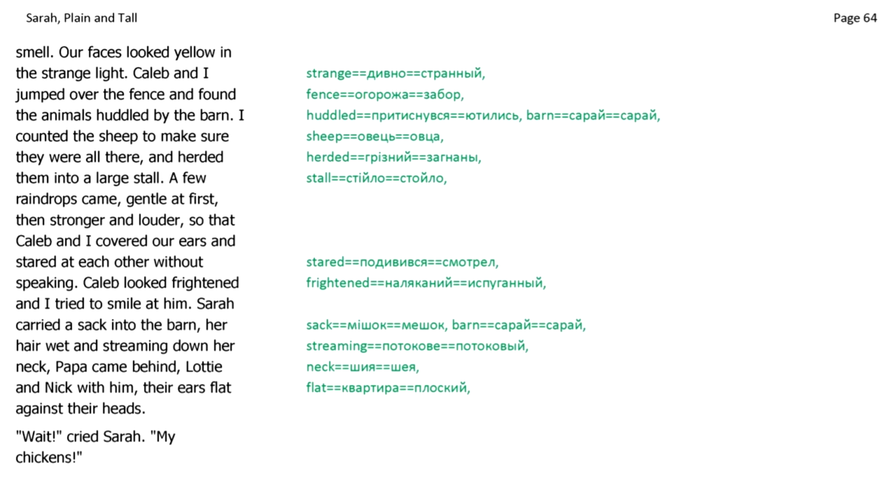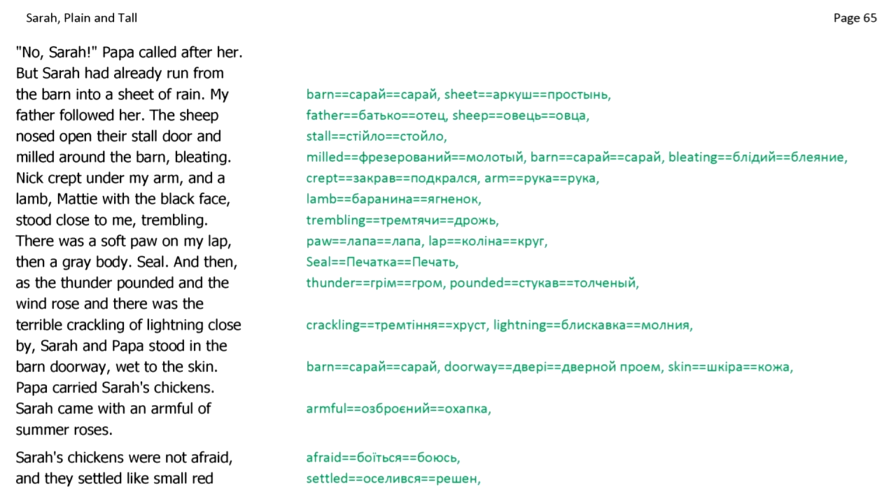"Wait!" cried Sara. "My chickens!" "No, Sara," Papa called after her. But Sara had already run from the barn into a sheet of rain. My father followed her. The sheep nosed open their stall door and milled around the barn, bleating. Nick crept under my arm, and a lamb, Maddie with the black face, stood close to me, trembling.